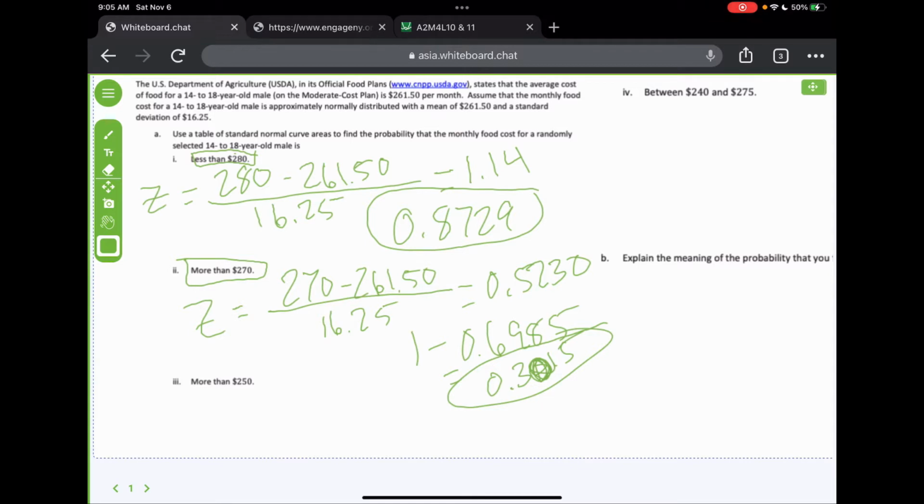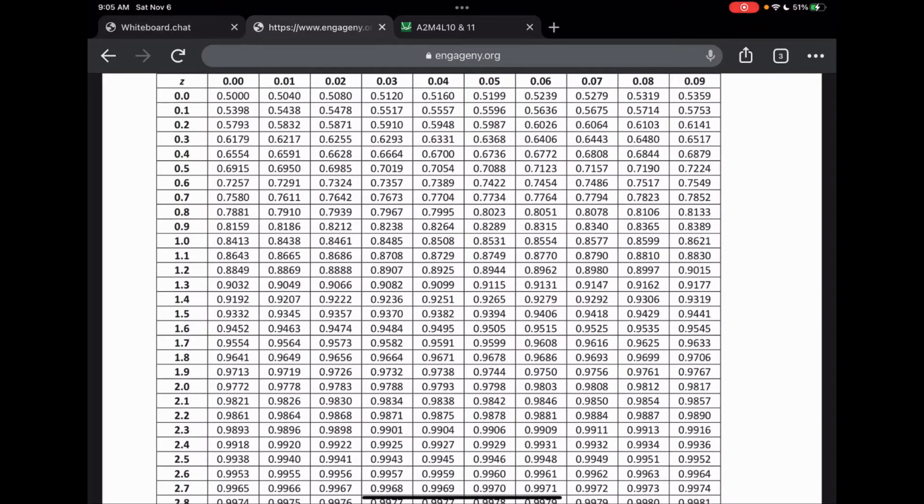We have to do the same thing on this next one because it is more than. So let's take 250, subtract the mean, divide by our standard deviation. Our z-score for that is 0.2389. Okay, and we say 0.23.